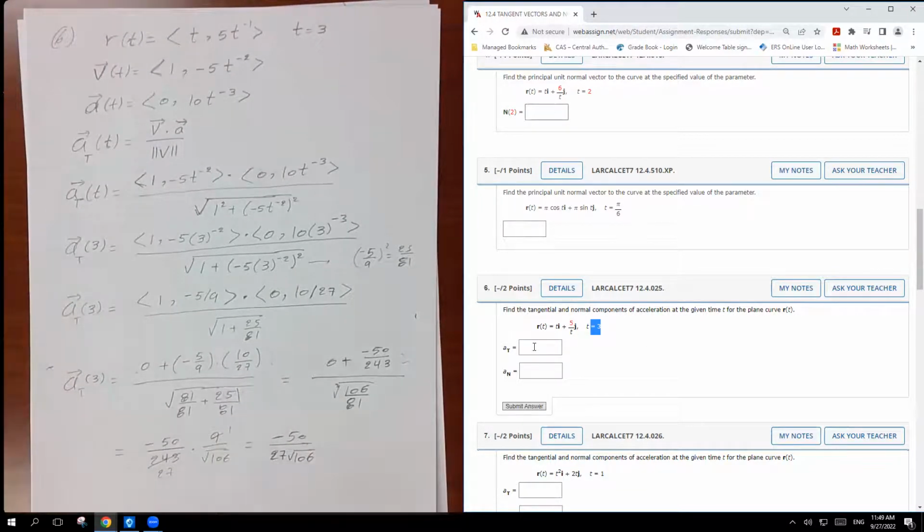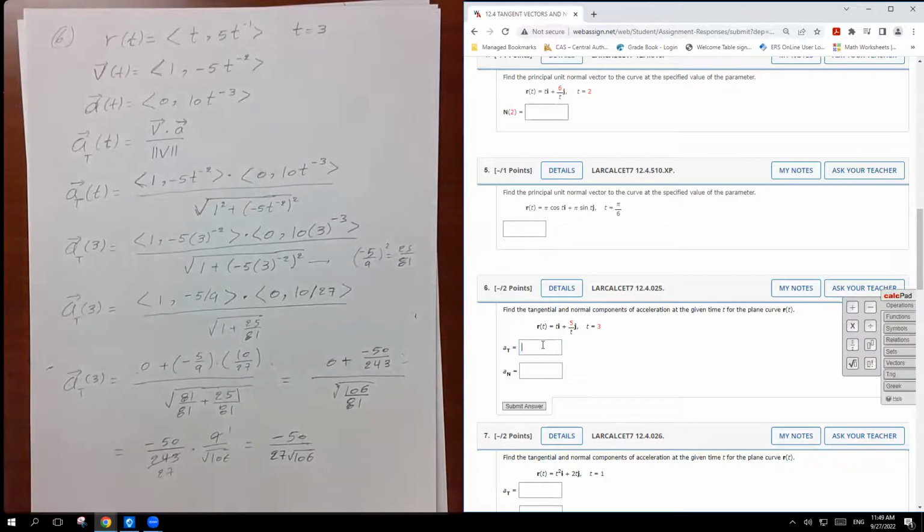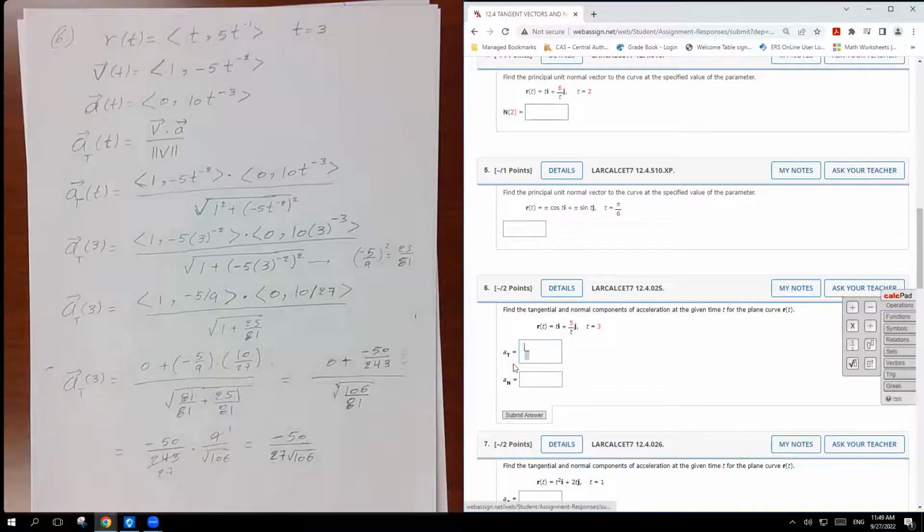Oh, this is only A with respect to T. We need to find now the next part. I have 10 minutes. The next part is A with respect to the principal normal vector. Let's check this one, which is negative 50 divided by 27 square root of 106.